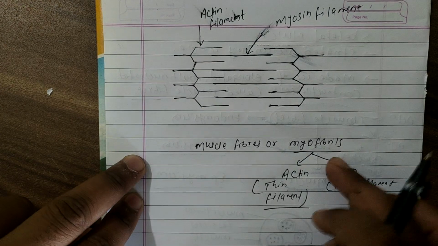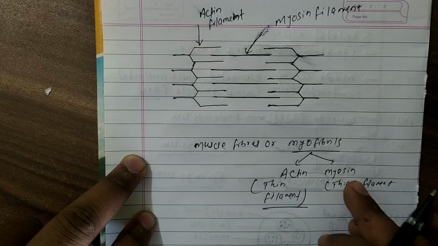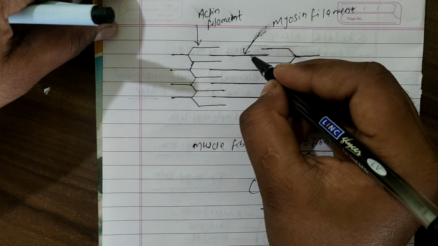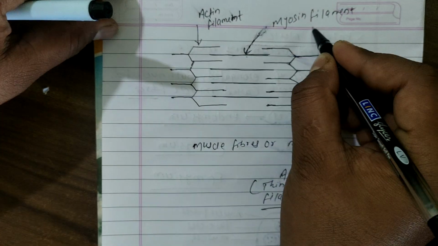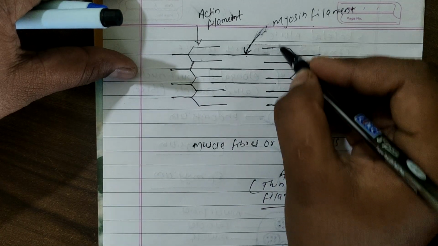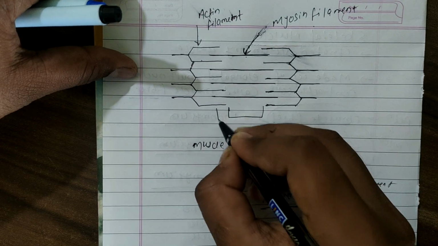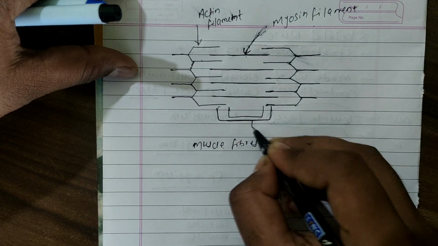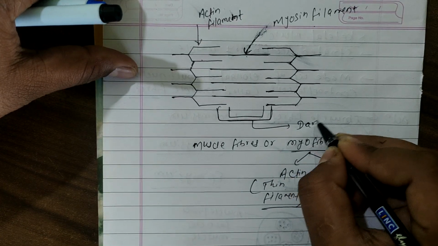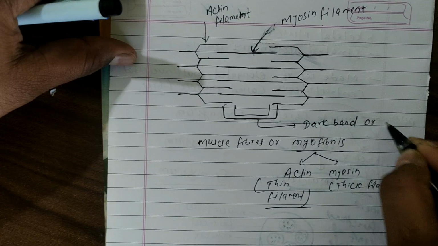As we discussed, the muscle fiber or myofibril is made of two filaments, actin and myosin. Myosin is the thick filament, and this is the myosin filament, and this is the actin filament. Since myosin is a thick filament, this myosin part is also known as the dark band or A band.